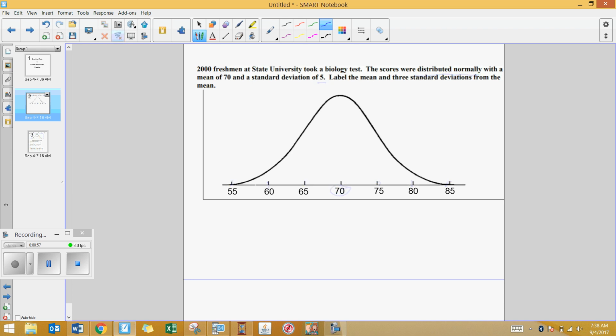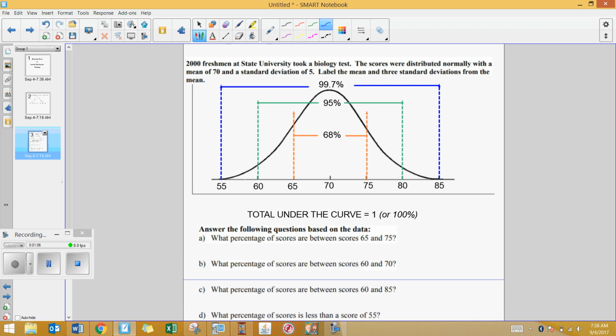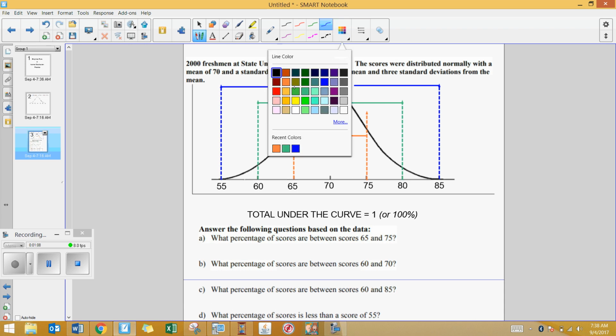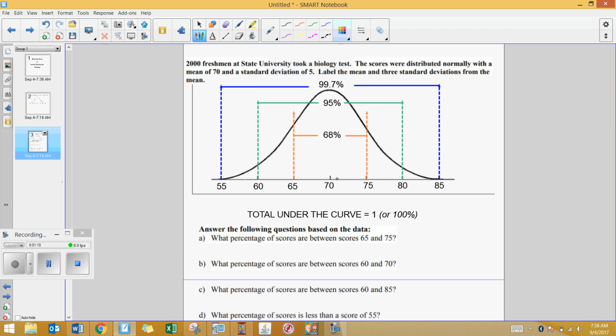Okay, so once you have your picture all set up, things are a little bit more useful because now we can start talking about the empirical rule. The empirical rule states that if you go out one standard deviation on both sides, so from 70, if you go out one standard deviation to the right and one to the left, you have 68% of all possible outcomes.